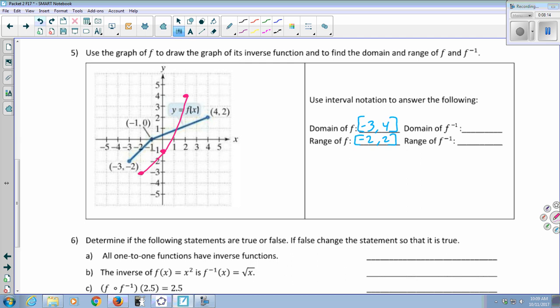And then f inverse, what I graphed in pink, its domain, smallest x to biggest x, would be -2 to 2. And its range, smallest y to biggest y, -3 to 4. And again, you can see the swapping of the domain and range for f and f inverse.